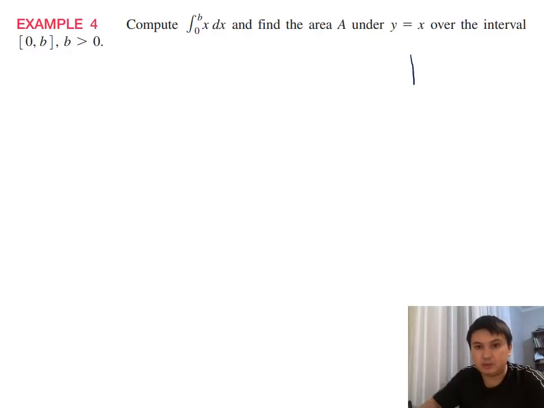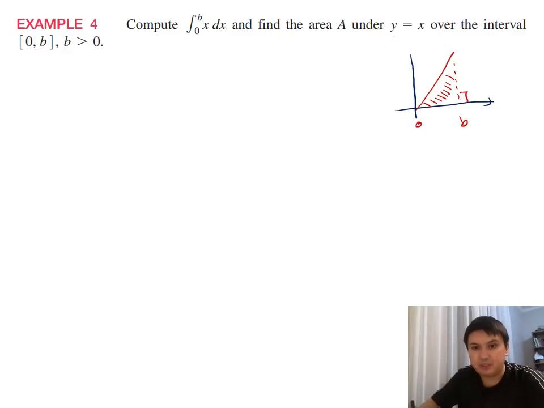If I want to sketch y equals x, it is here, right? And I need to sketch it from 0 to b, so b is some point here. So I'm trying to calculate the area of this right triangle.